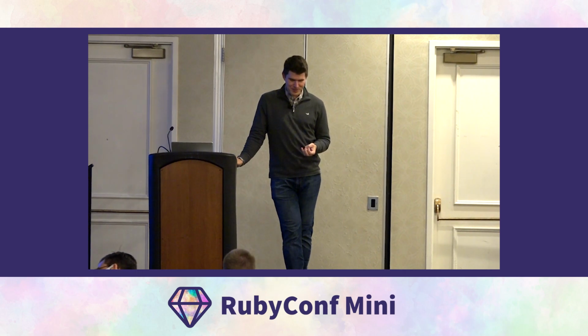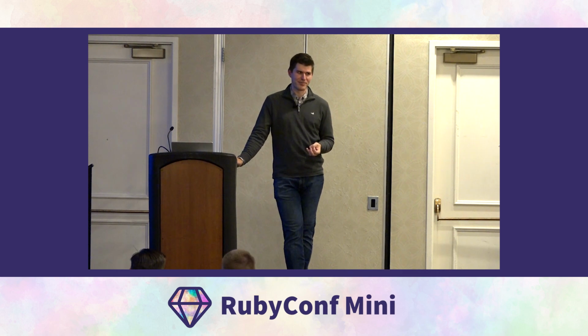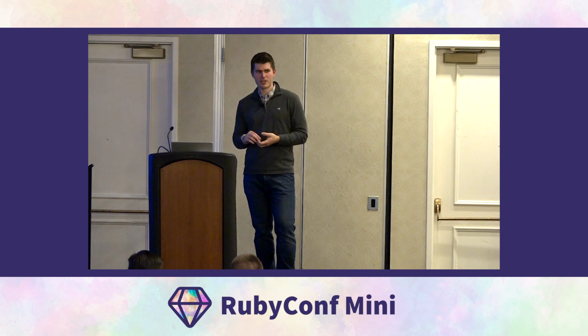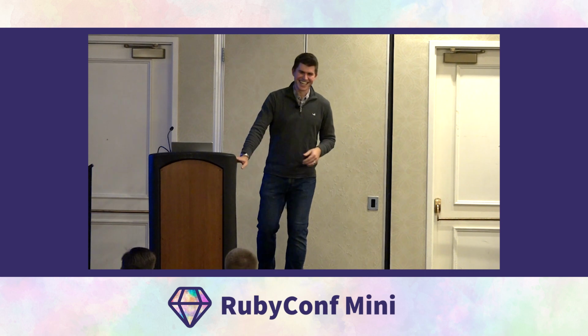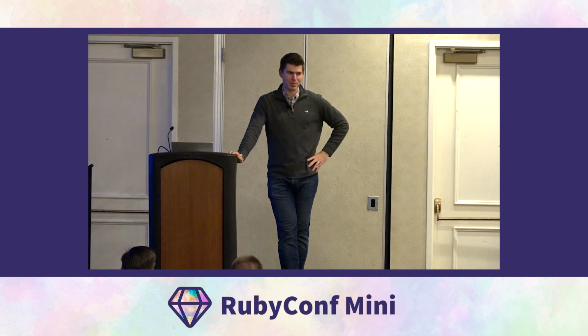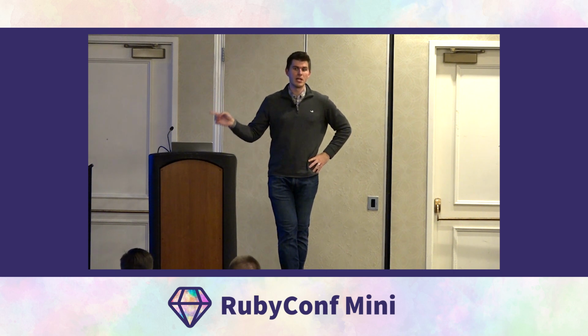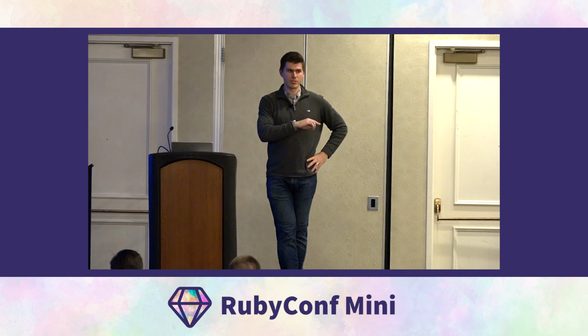It's a great question. The question was, are we stuck with Ripper being the parser for syntax tree? The answer is no, we are not. In fact, there is a project going on at Shopify to rewrite the Ruby parser, and I'm doing that. The goal is to replace the Ripper parser that is being used to generate the syntax tree nodes with this new parser, which should be much more efficient, error-tolerant, portable, and maintainable.